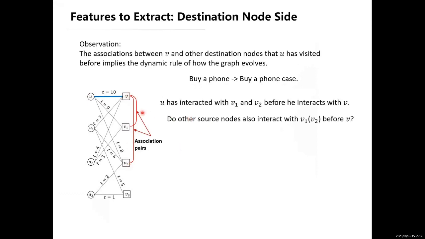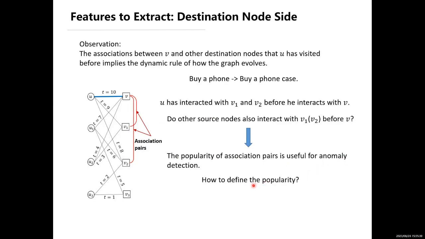So we can make two association pairs VV1 and VV2. We would like to know, do other source nodes also interact with V1 before V and V2 before V? So this question implies the popularity of association pairs is useful for anomaly detection.